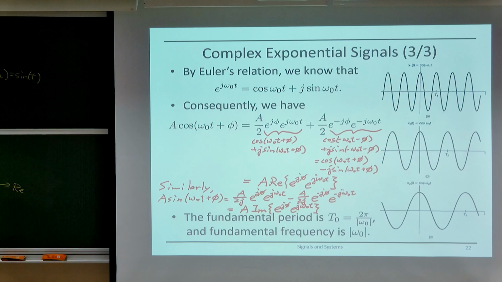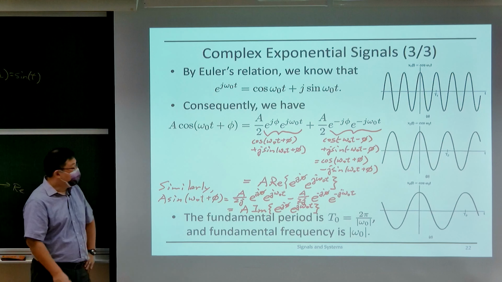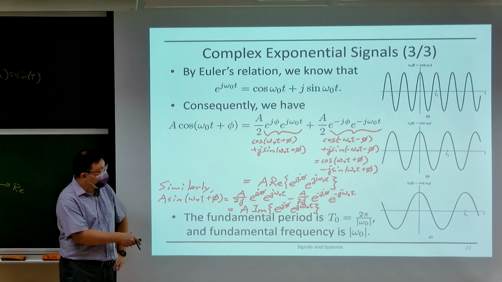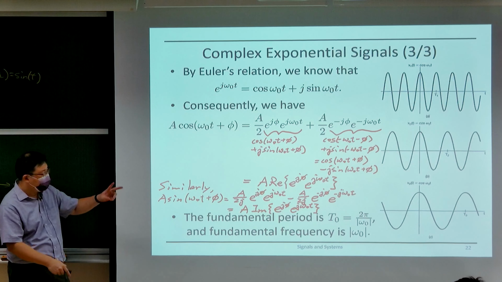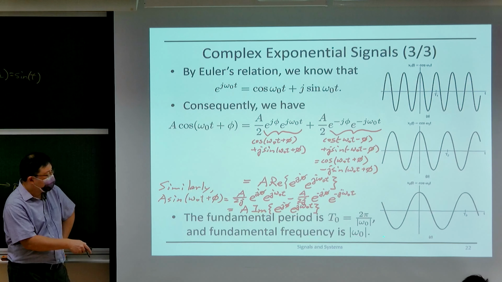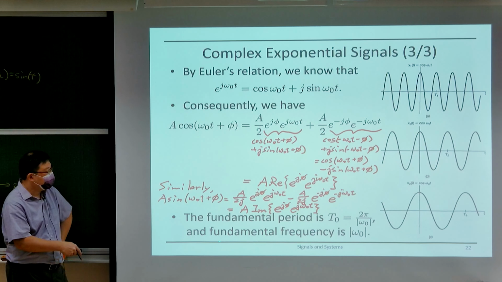So as we mentioned, all these pure imaginary complex exponentials, or these sinusoids here, are periodic, and they have a fundamental period of 2 pi over omega naught. Now, if you take 2 pi over T naught and flip this around, then you get this omega naught, which we call the fundamental frequency.